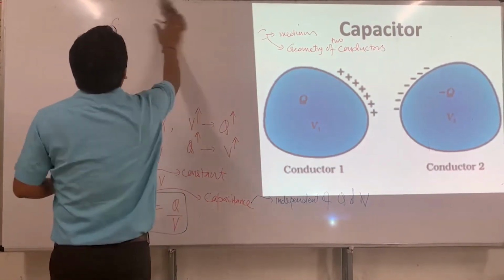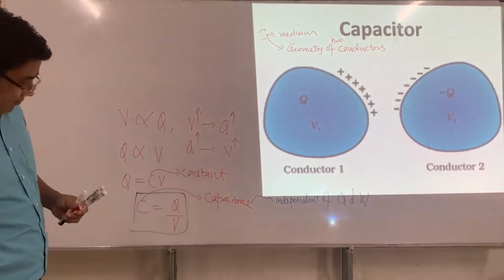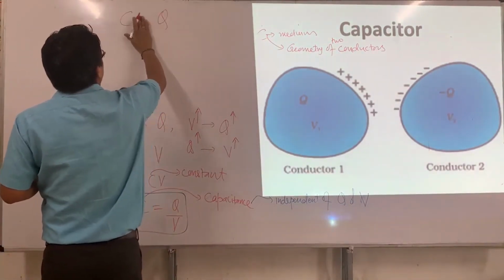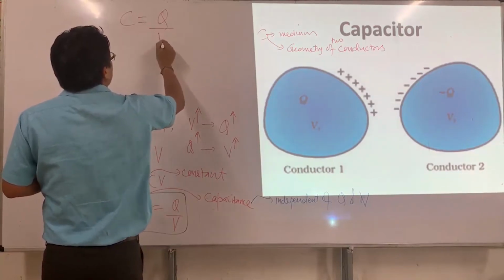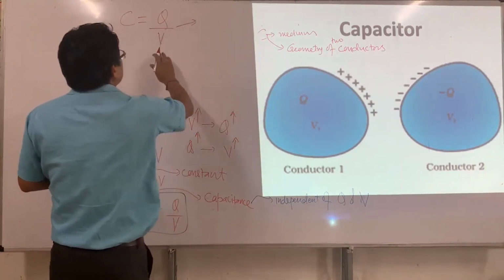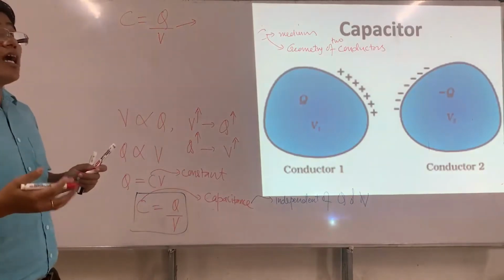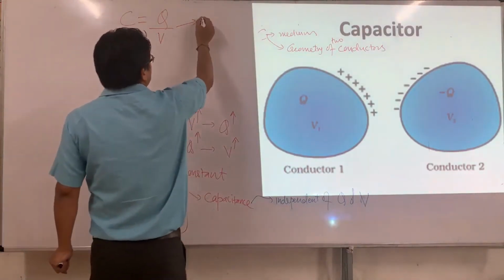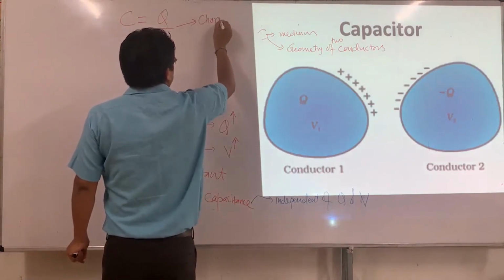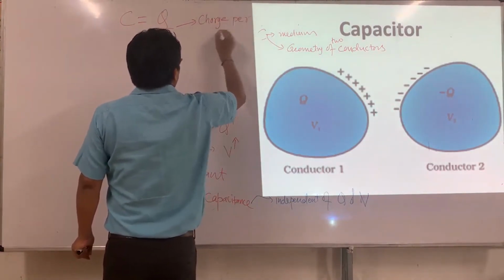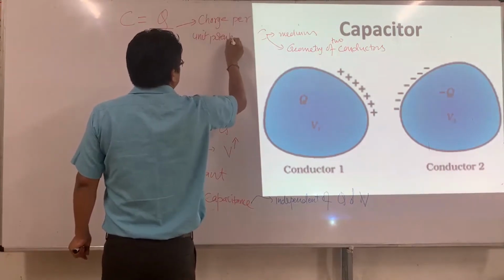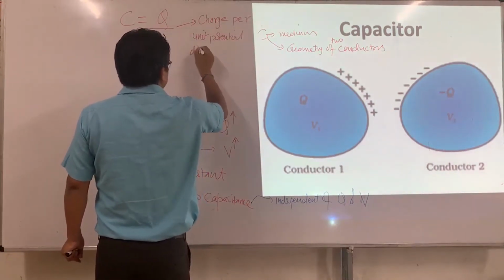So look here. Now I'll define what exactly C is. C is Q divided by V. This is defined as charge per unit potential difference. Charge per unit potential difference.